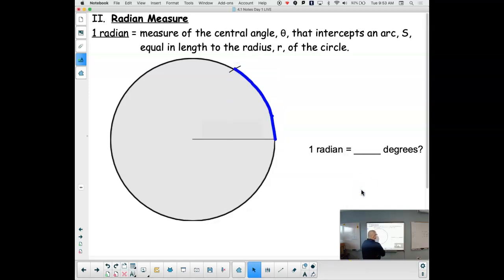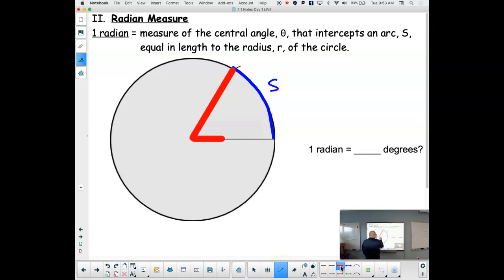That is my S, my arc length S. Thick red, going this way.